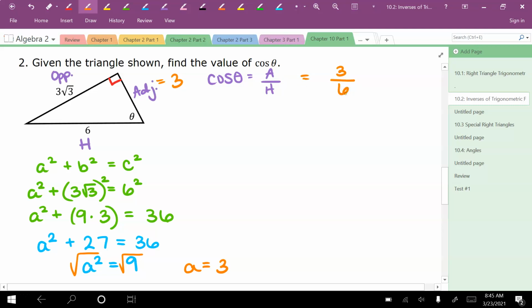Do you guys think I should leave that fraction 3 over 6? Can I reduce it at all? Yeah, what can we take out of both? 3. So I would make sure if your fractions aren't reduced that you do reduce them. So it actually breaks down to 1/2.